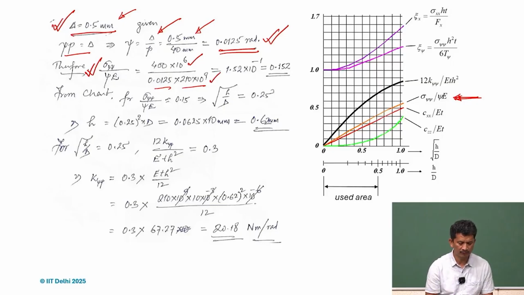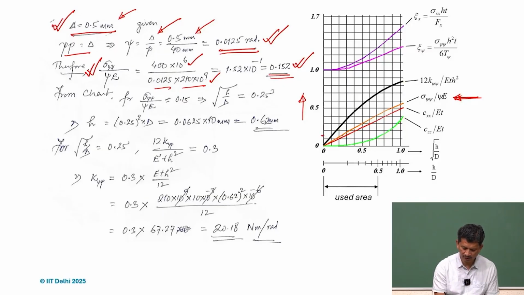So we put it in, and what we get is 0.152. Yes, so if we use the chart and check the corresponding plot, 0.15 is, if we check this y-axis, 0.1, 0.2, somewhere in the middle, 0.15.